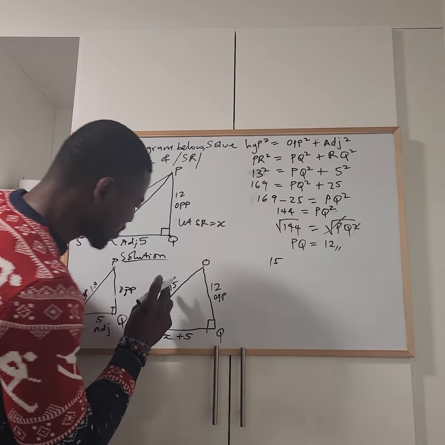You have to use a bracket because whatever you do to this 5, you have to do to this x. So please enclose this in a bracket. 15 squared is 225 equals 12 squared, which is 144.